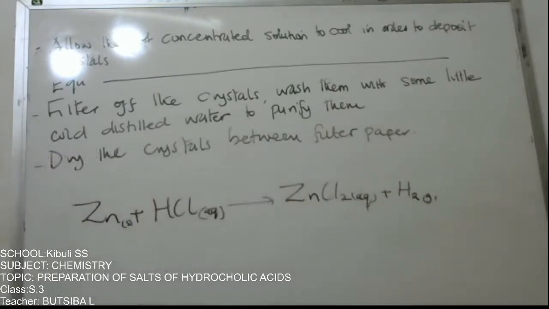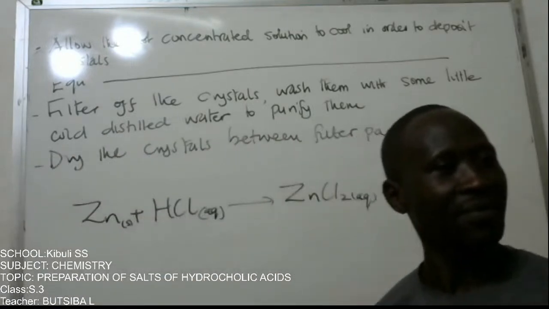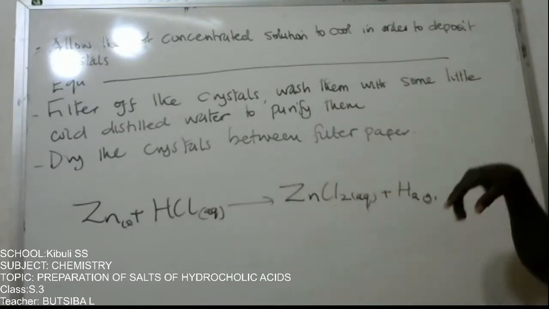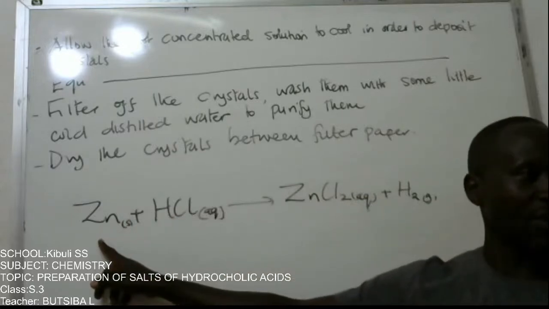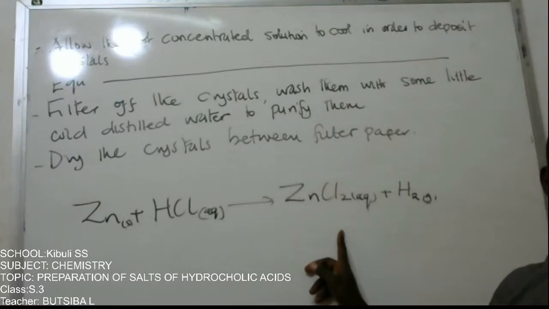But remember, the zinc added was in excess, so not the whole of it reacted. I need to filter off the excess. So my filtrate is zinc chloride. Hydrogen has been lost. My residue is unreacted zinc. I forget about the reacted zinc and continue with the zinc chloride as a filtrate.